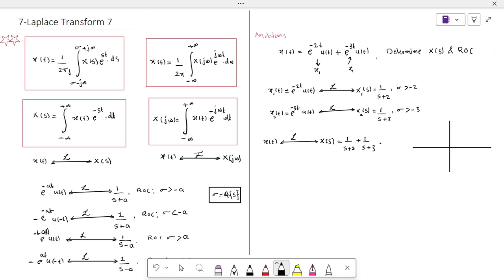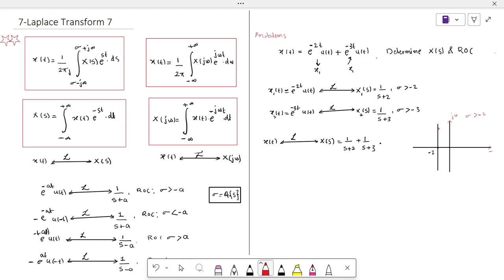So this is minus 2, and this is sigma greater than minus 2. This is sigma, this is j omega.